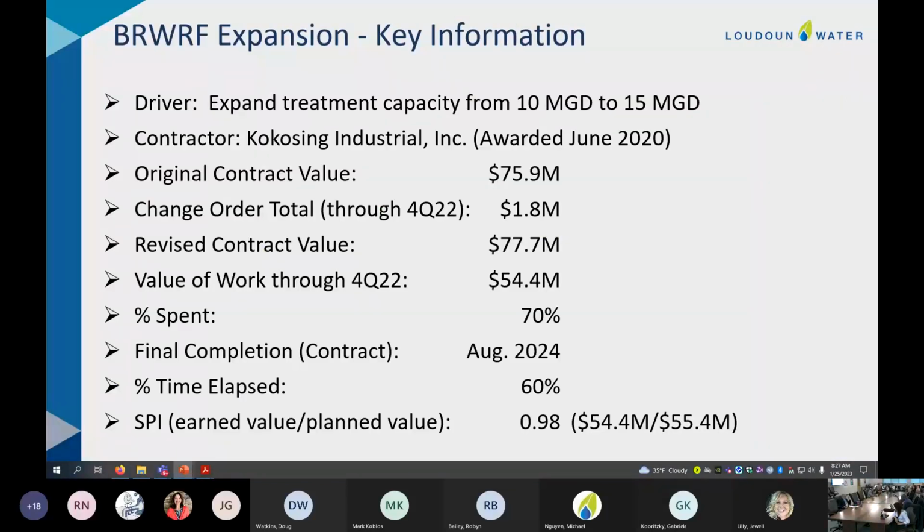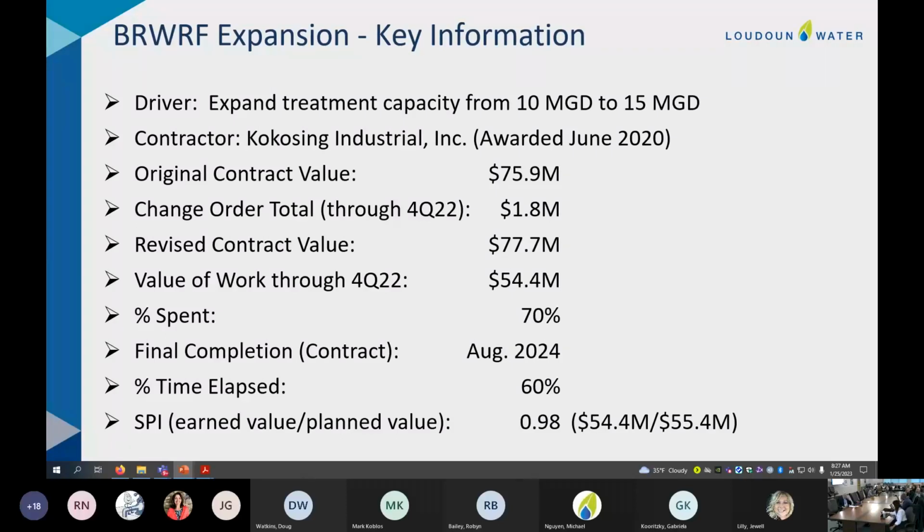The percent spent is 70%, but the time elapsed is 60. Is there any reason why we're running ahead, why the spending is ahead of the time? So the time elapsed is based on the final completion, and typically in the project, you are 100% spent in terms of the value of work completed at substantial completion.